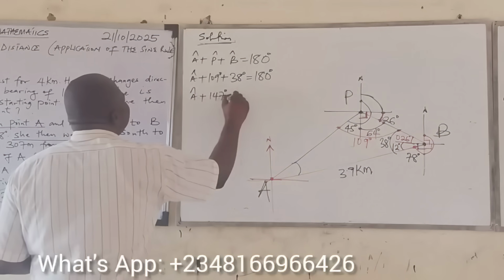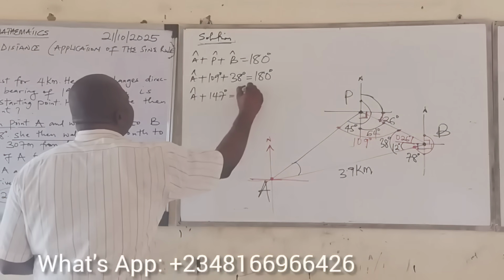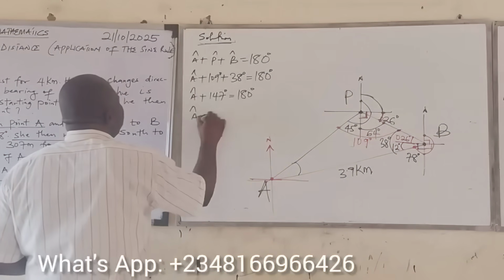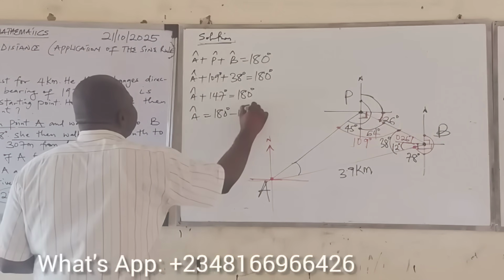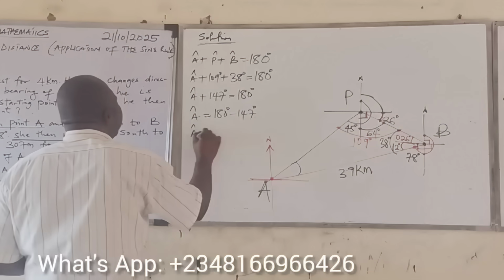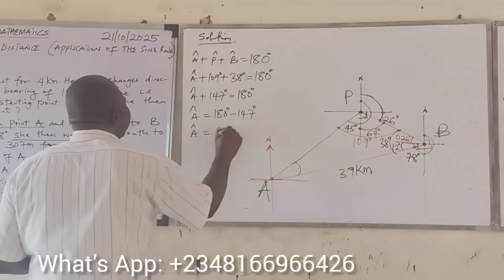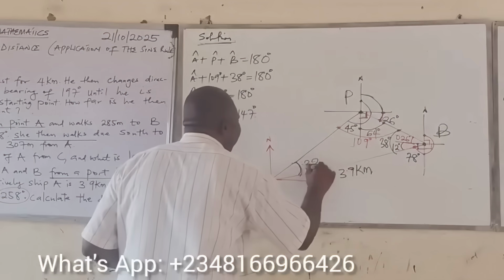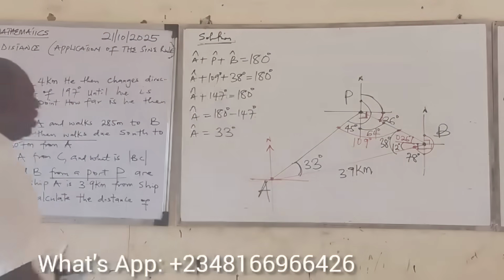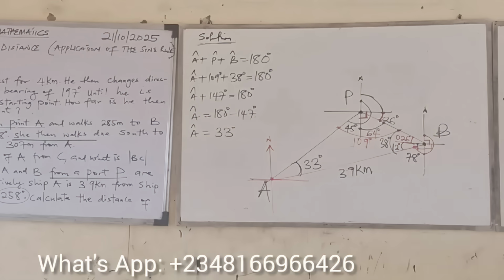So angle A will be equal to 180 degrees minus 147 degrees, which is 33 degrees. So the whole of this angle is 33 degrees.